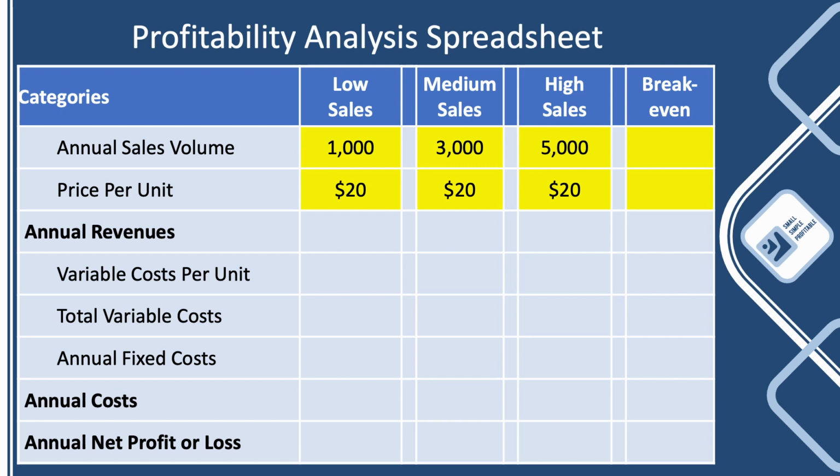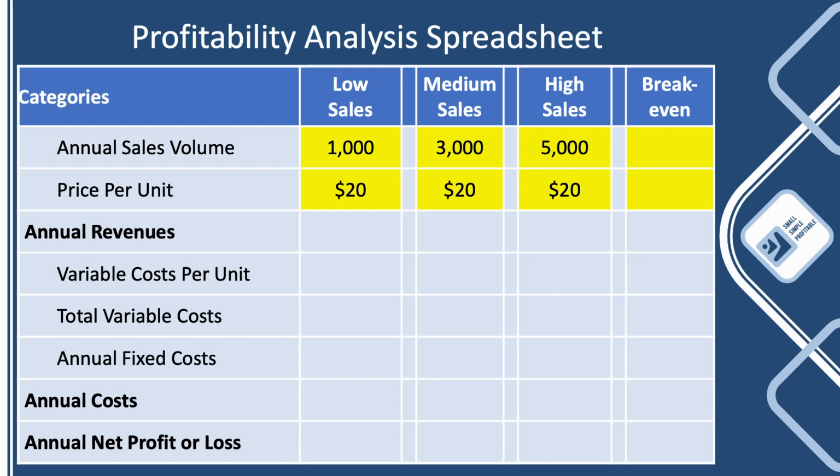Then you'll choose a sales level somewhere between your worst case and your best case, and that will go in the medium sales column of the spreadsheet. For this simple example, I've chosen a low sales number of 1,000 hours of language lessons per year, a medium sales number of 3,000 hours of language lessons per year, and a high sales number of 5,000 hours of language lessons per year.